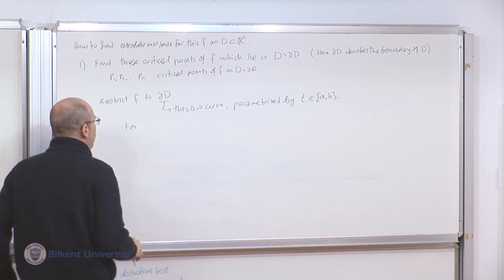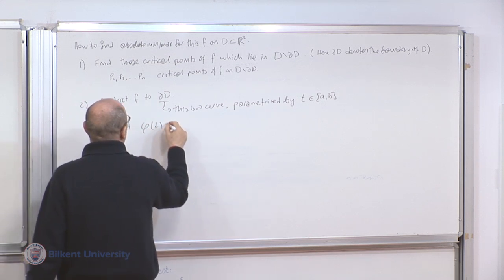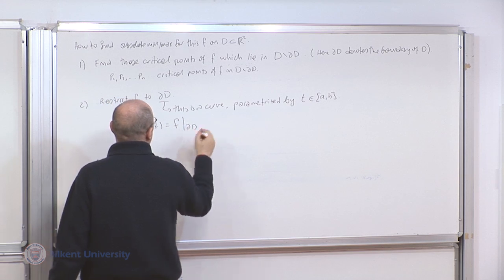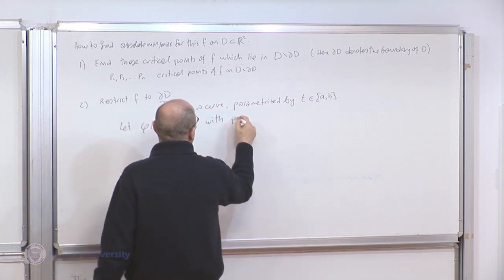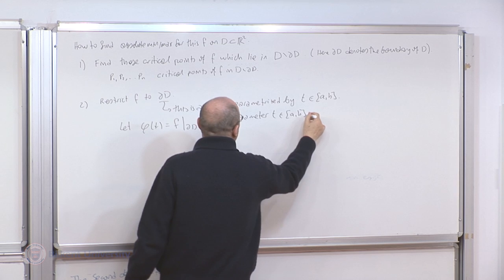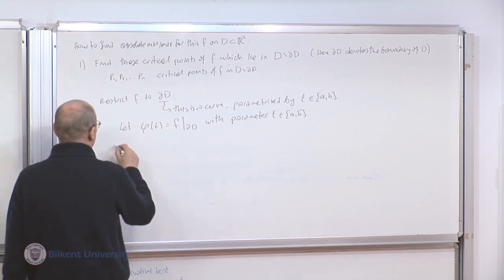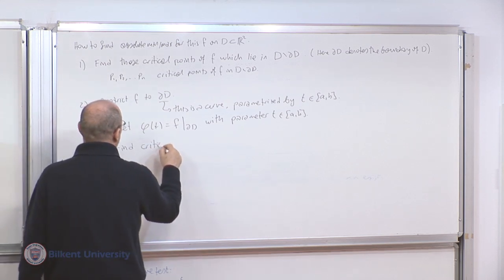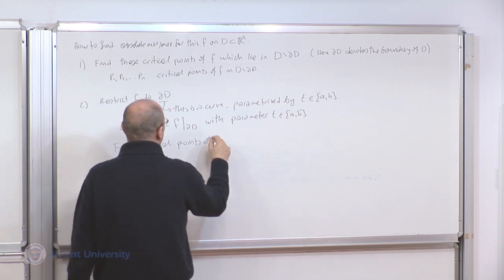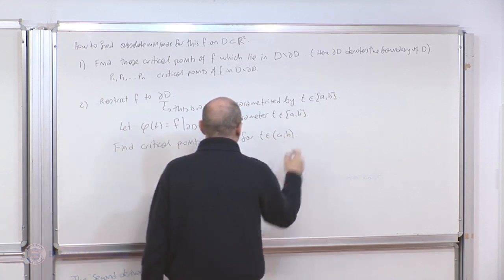So let phi of t be f restricted to the boundary of D with parameter t in [a, b]. Okay, so we reduced the problem to the one-dimensional case. Now we remember how we did this. We find the critical points of phi of t for t inside (a, b).